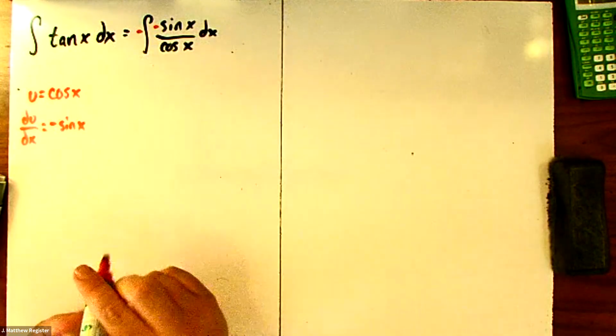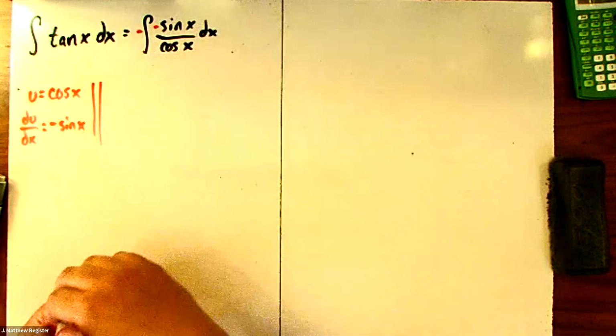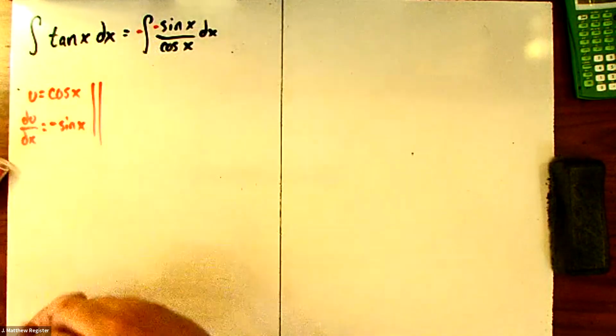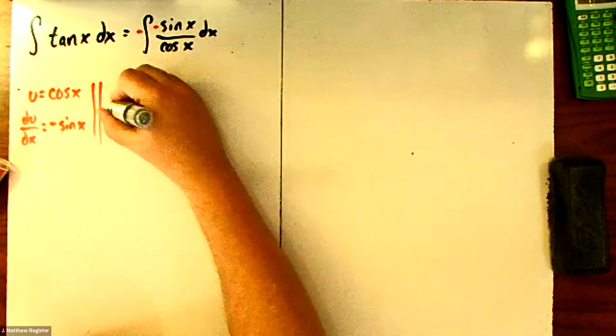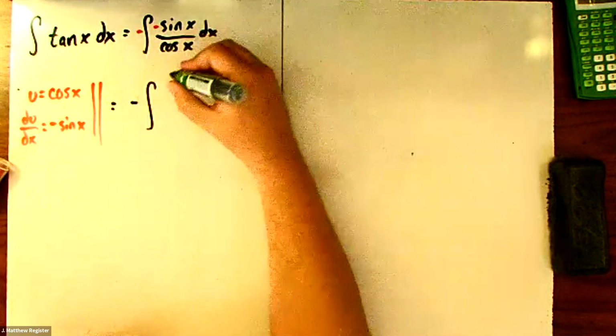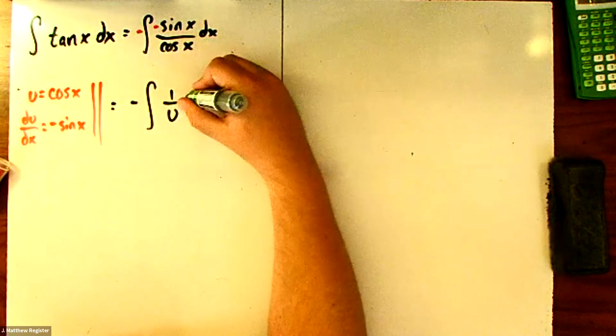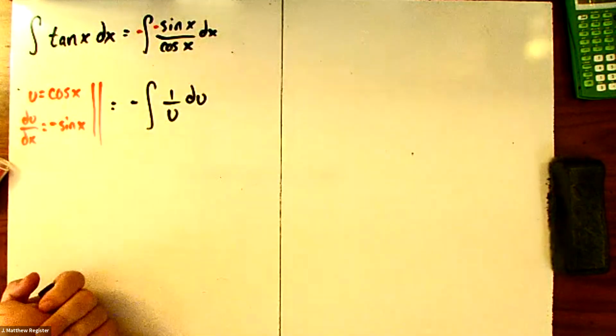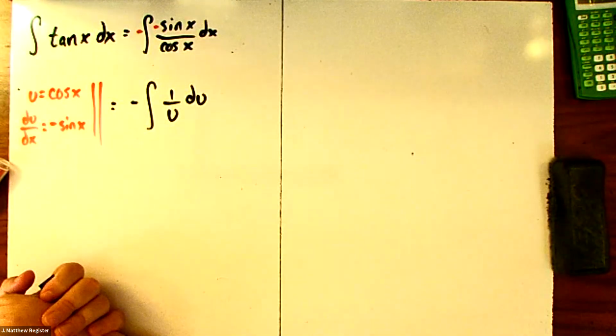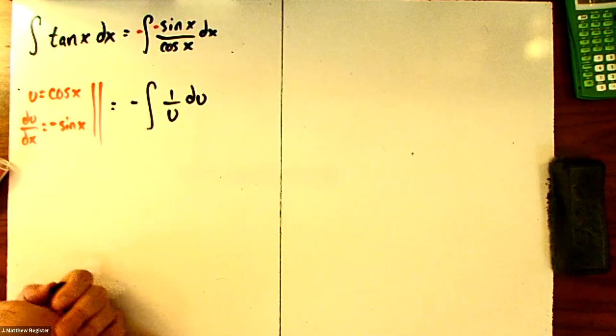And so we can rewrite this as the integral, or negative integral, of 1 over u du. And 1 over u is one which we can integrate.